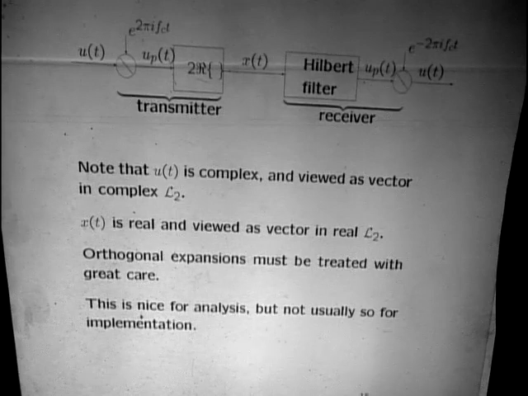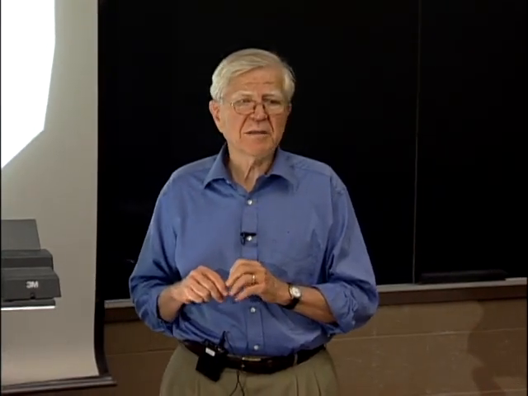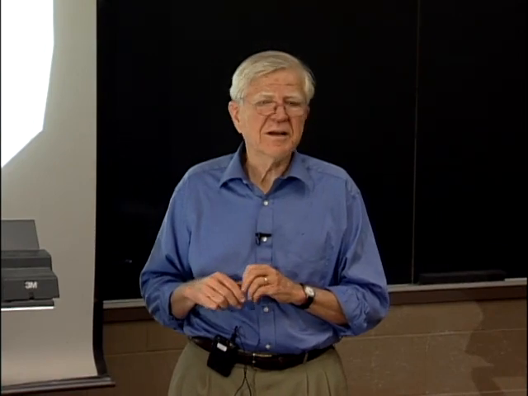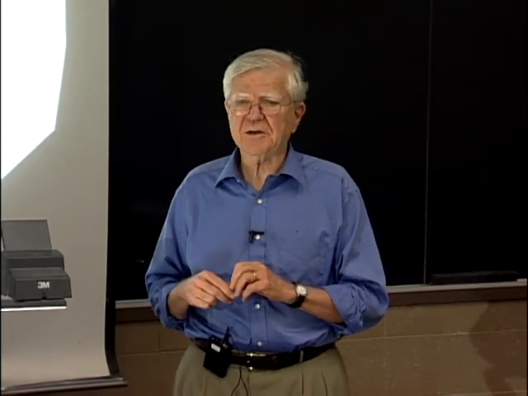This might sound like mathematical nitpicking, but put it in the back of your mind because at some point it's going to come up and clobber you. And at that point you will want to think that, in fact, real L2 is not a subspace of complex L2.